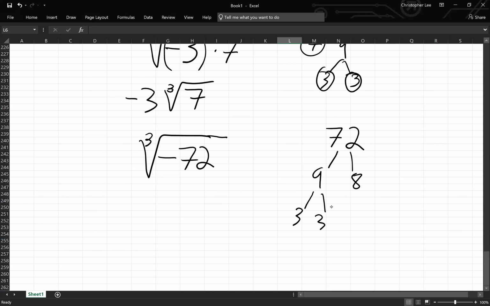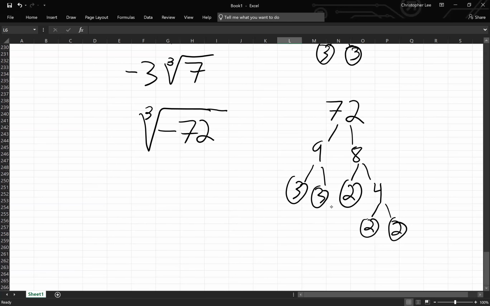9 is 3 and 3. 8 is 2 and 4, right? And the 4 is 2 and 2. So you see where your triple is right there? It's that 2. So this becomes the cube root of negative 2 to the third power times 3 to the second, right?